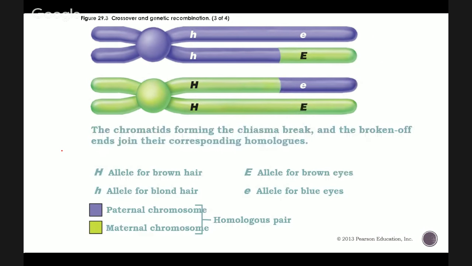So now you get these hybrid or newly formed chromosomes with a little bit of dad on one and a little bit of mom on the same one. So now what we did is we crossed over, and some of dad's ended up with some of mom's, and some of mom's ended up with dad's.